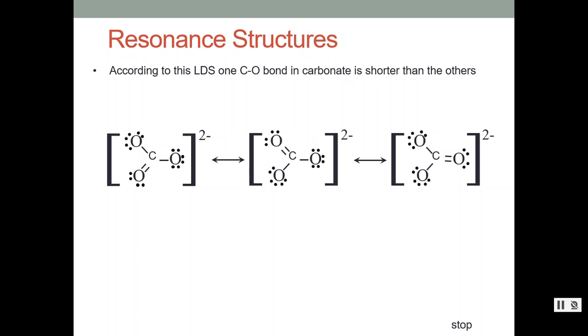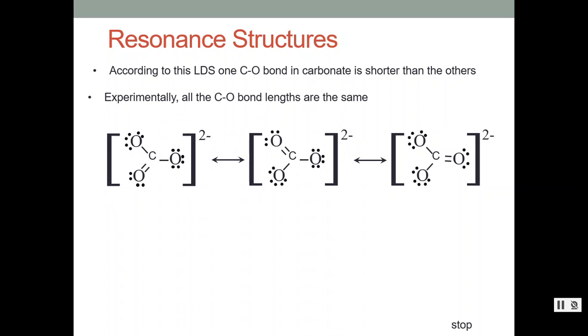According to these resonance structures, you would expect that in CO3 2- 2 bonds would have single bond character and 1 bond would have double bond character or properties.